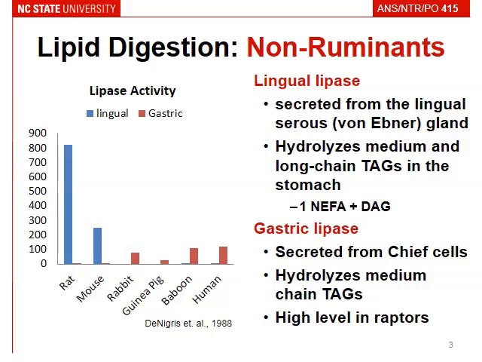So our lingual lipase, lingual meaning tongue or mouth, is secreted from the lingual serous gland, the von Ebner gland, and it specifically hydrolyzes medium and long chain triglycerides in the stomach, and the result is one non-esterified fatty acid.